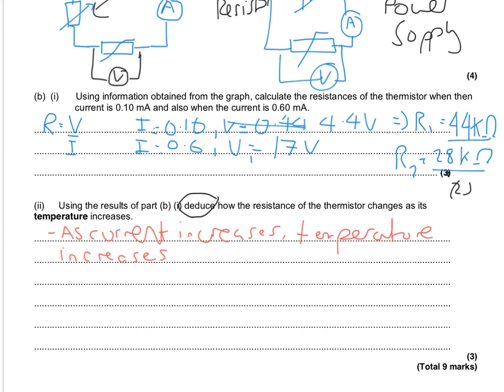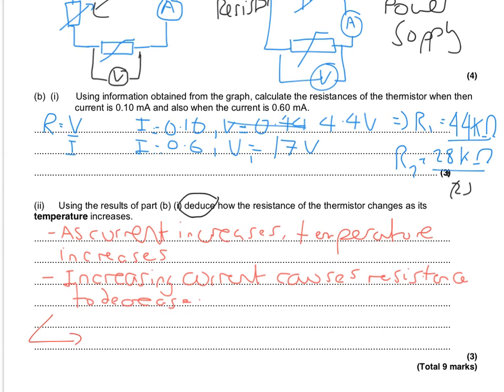The next part is recognizing what part B1 has told you. So you can see here that increasing the current causes the resistance to decrease. So that's your second statement there. That's us using B part 1. And then this is the point you can draw a conclusion to make your final deduction.